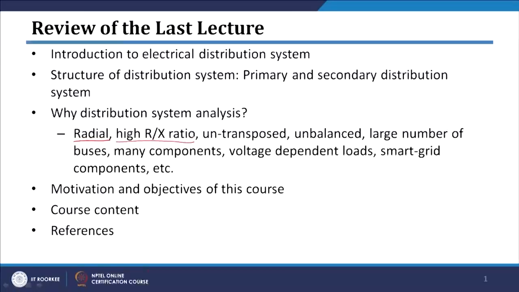Then we have seen the motivation and objectives to study this particular course. In the motivation part, we have seen that there has been gradual development in the area of distribution system analysis over the last 3 decades. Many sophisticated algorithms have been developed.